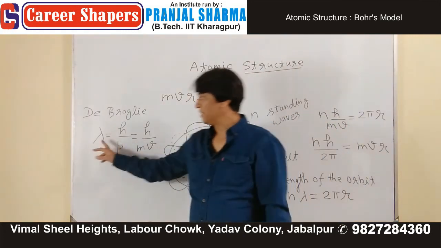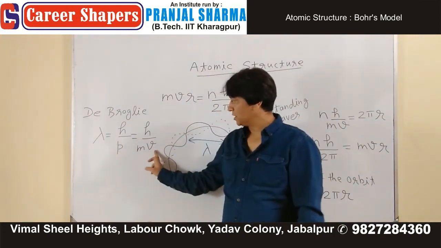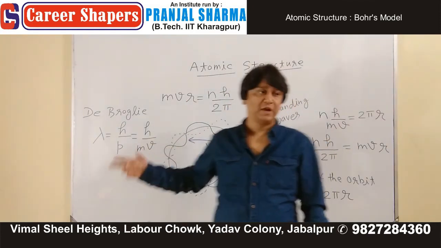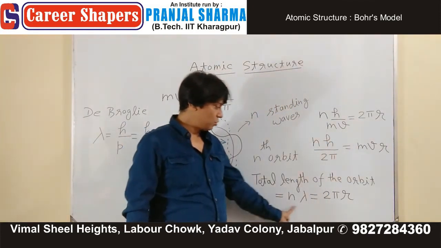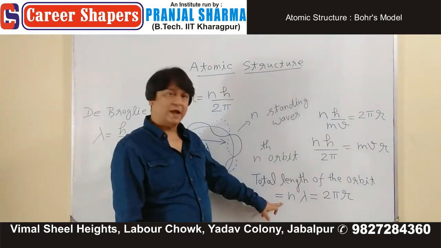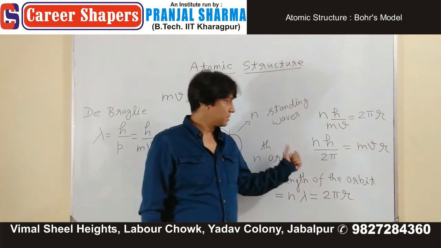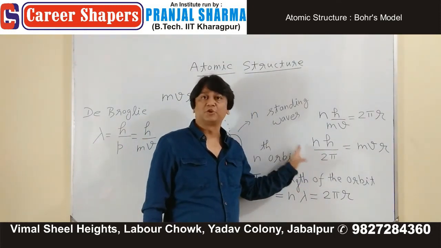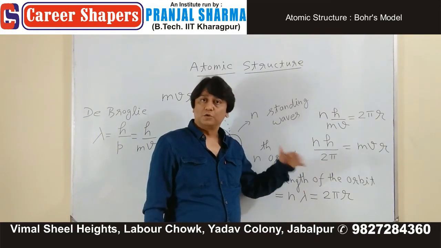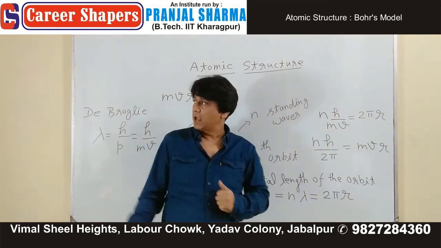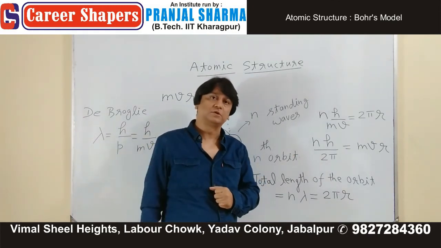Then you can find the wavelength in terms of the linear momentum. Once you find wavelength in terms of linear momentum, you say that the total length, which is 2 pi r, the circumference of a circle, is n lambda. Replace the lambda part, and we get mvr, which is equal to nh upon 2 pi. So this was the success of Bohr's model and de Broglie's hypothesis.